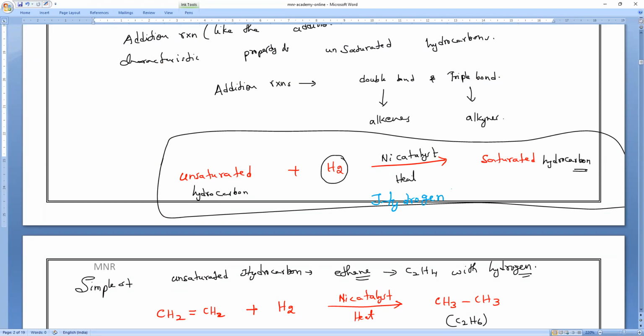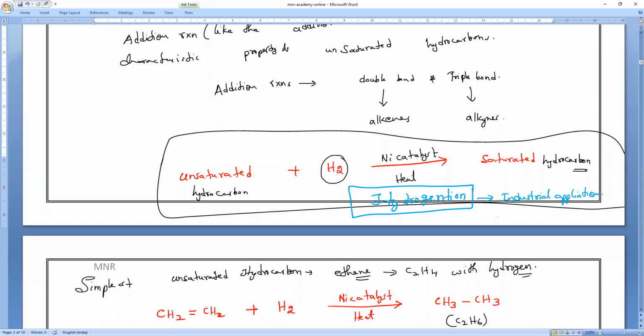Please note it, very, very important name. Hydrogenation is an important process in industrial application, the most important one in industries.